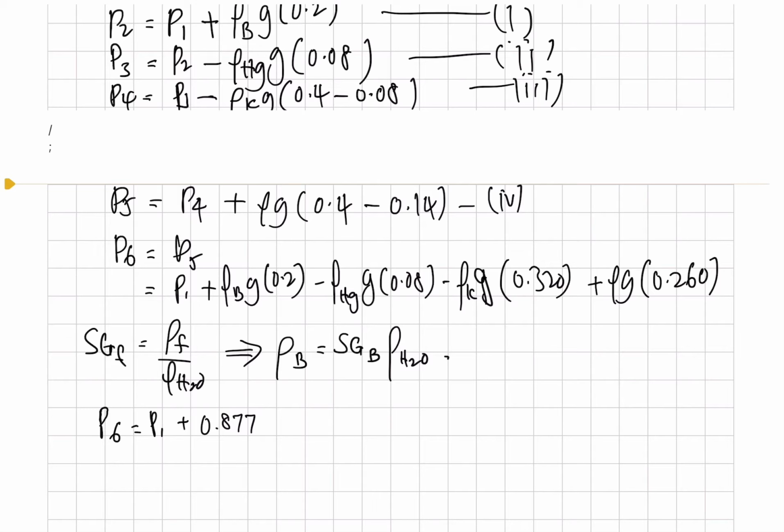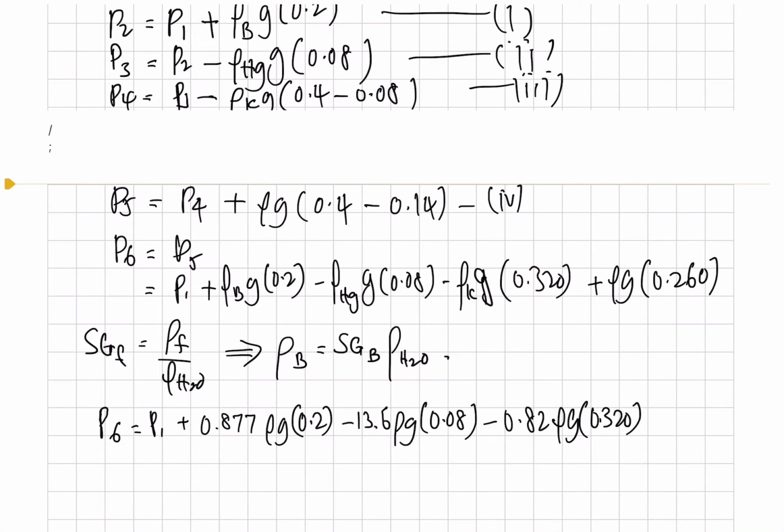and then times the rho g of water times 0.2, minus the mercury 13.6, rho g times 0.08, and then minus the kerosene, which is 0.82 times rho g times 0.320, and then plus the rho g of water times 0.260.